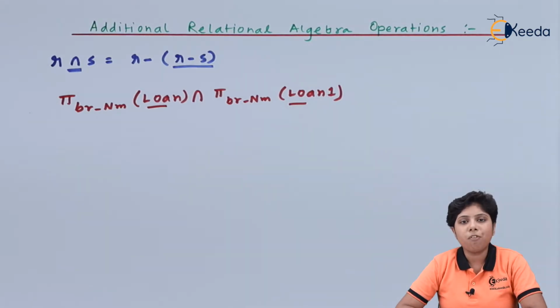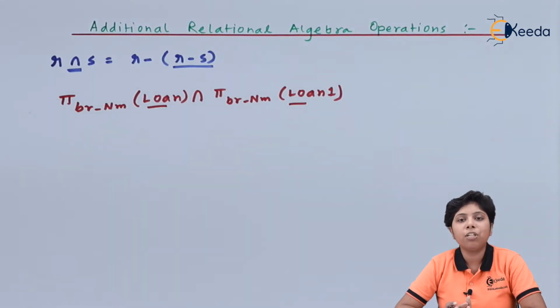Our next type of operation that we will perform today is the natural join operation. The natural join operation is very similar to the Cartesian product operation that we discussed in the fundamental operations of relational algebra.